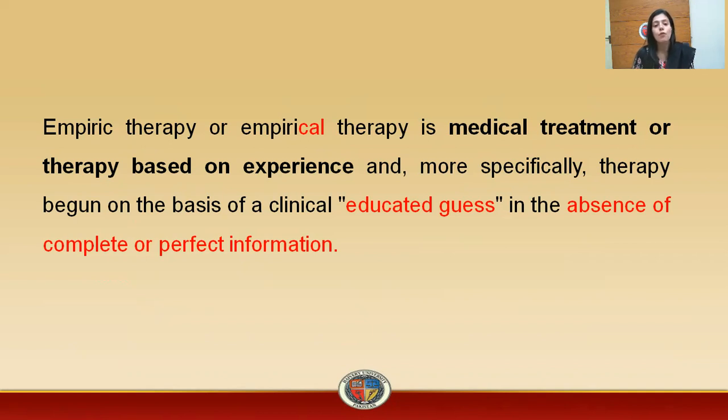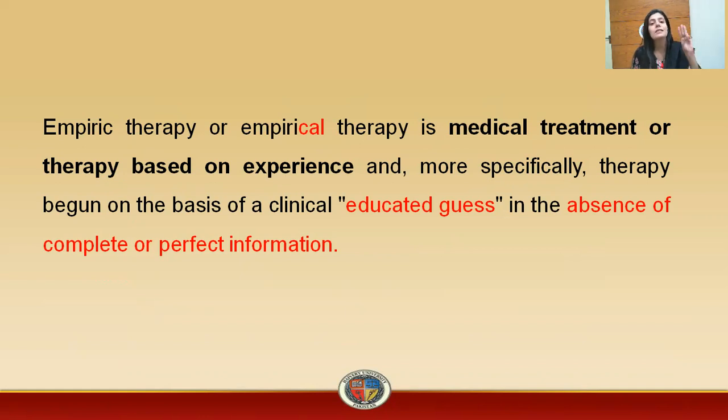the patient before any confirmatory lab results. This is the therapy which you are giving immediately to the patients. So the three main features of empirical therapy are that this is immediate treatment. Secondly, this is treatment which is based on your experience.